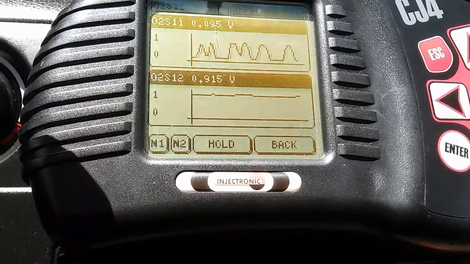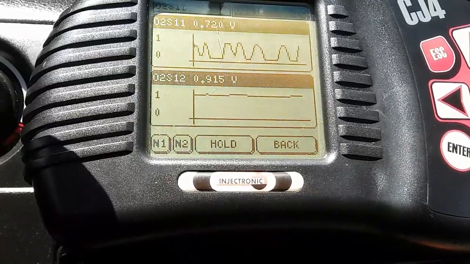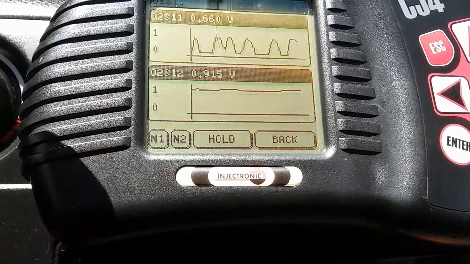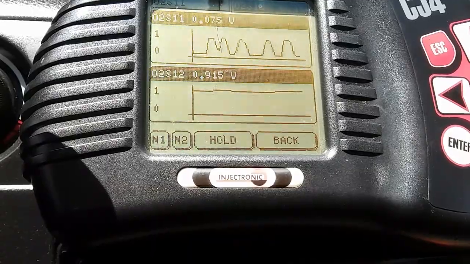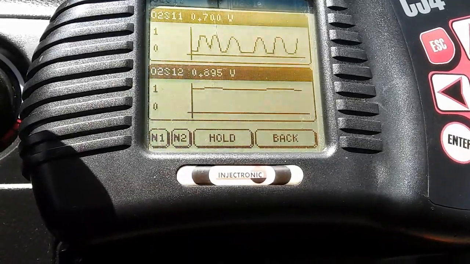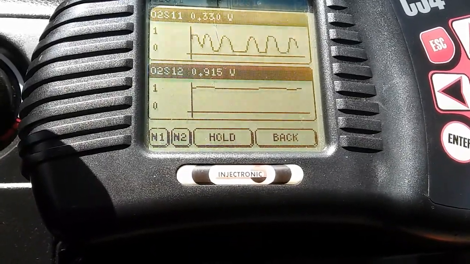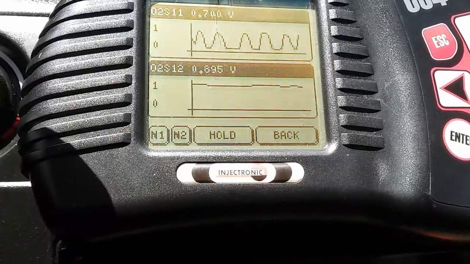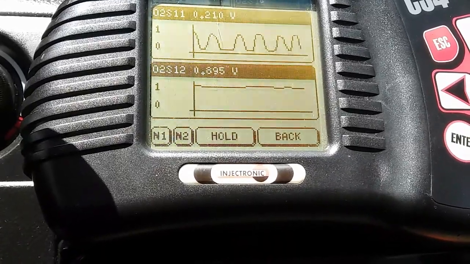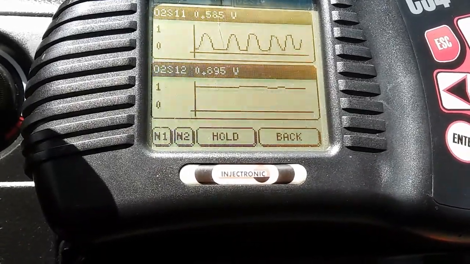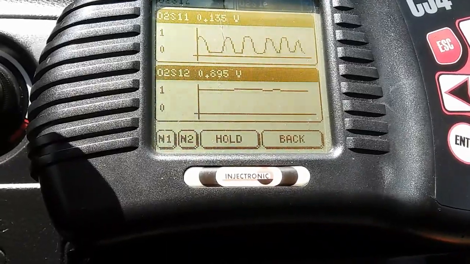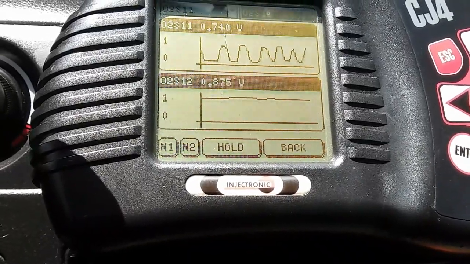Because the customer does say that the light does come on, and then there's times where it goes out. So if the computer is seeing that the catalytic converter is working properly at its present moment, it will turn off the check engine light.